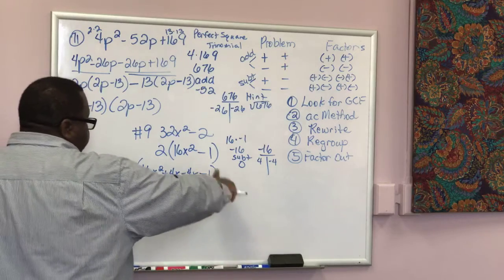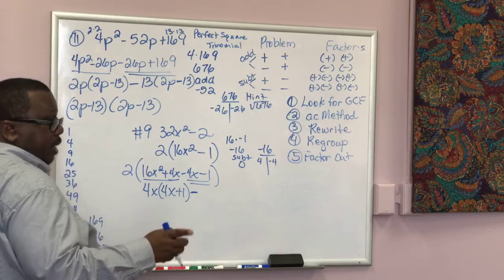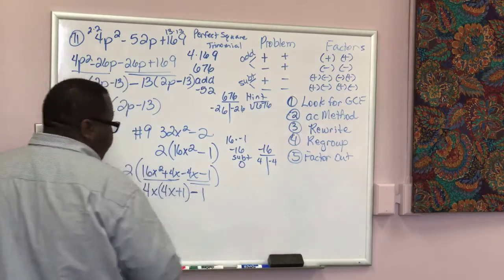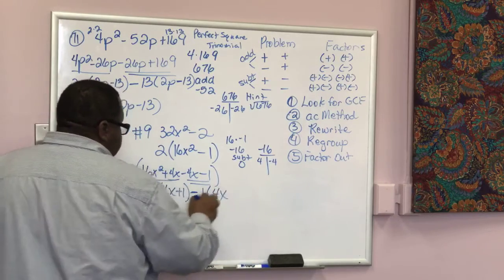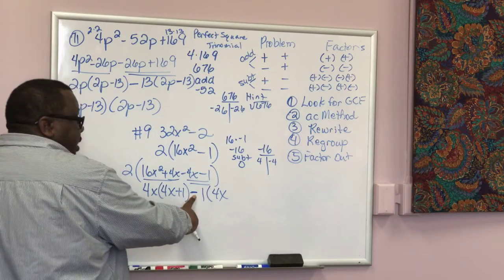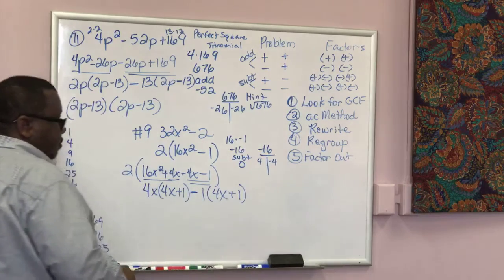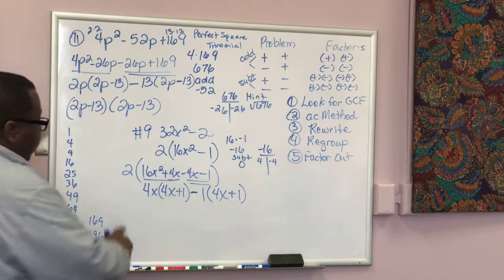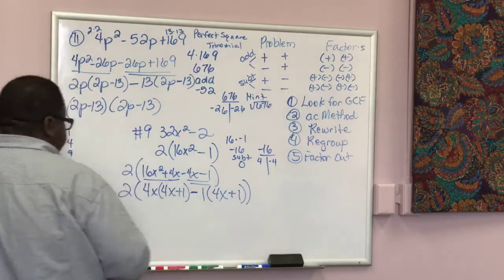Do we have anything in common on this side? No, we don't. Nothing in common, always use a 1. Okay? And then you bring this down the way it is, but since we brought down a minus sign, change that sign. All right? And on the outside, put the whole thing in parentheses again, and put your 2 on the outside.